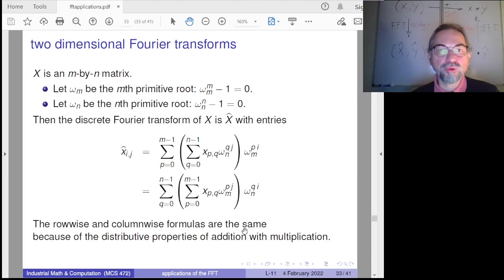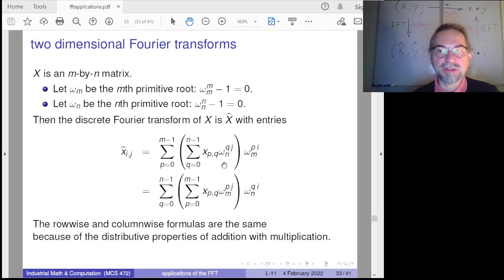So we can take two primitive roots: the m primitive root, so this is the subscript m, the primitive root for the rows. And then we have the primitive root for the columns. Okay, so then we can define the discrete Fourier transform as a double sum, where the innermost sum runs over the columns, so that's the first sum here.